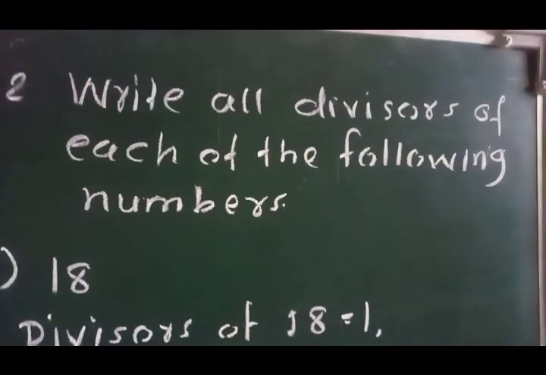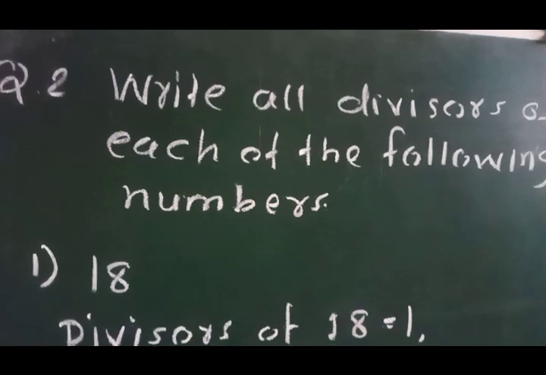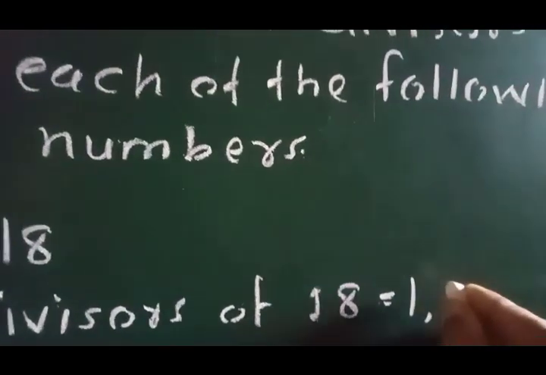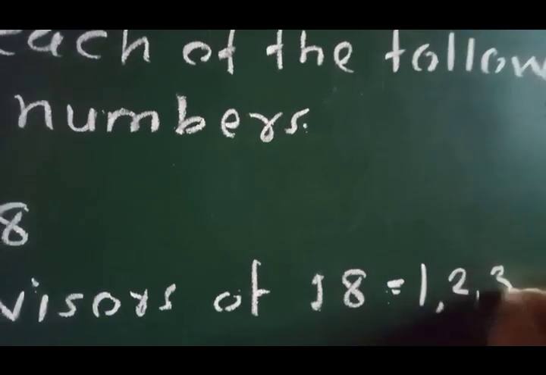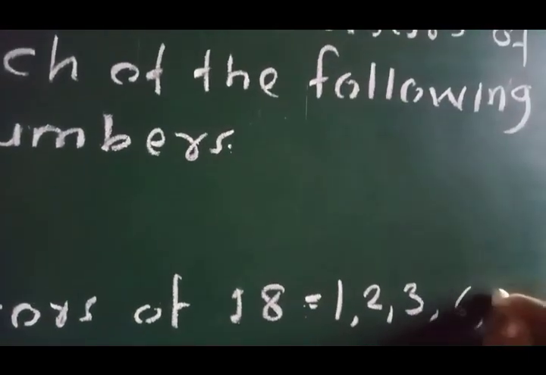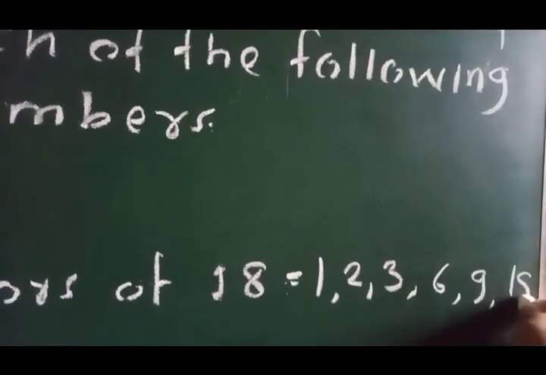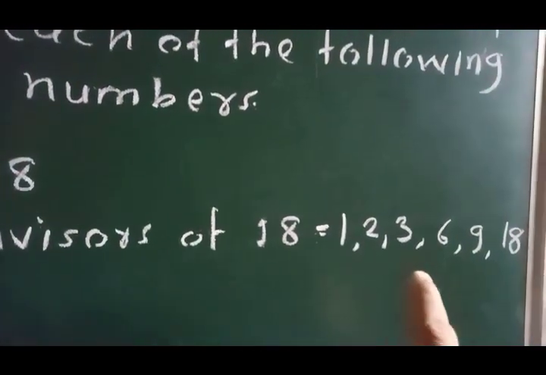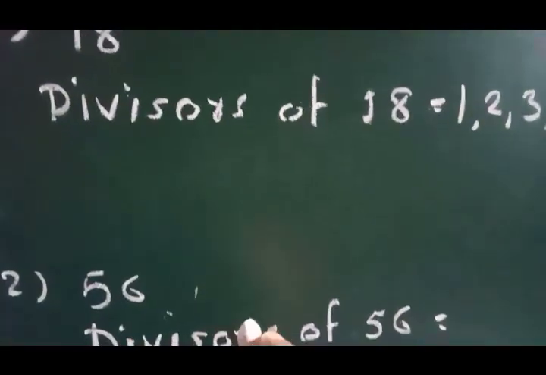Write all divisors of each of the following numbers. First 18. Divisors of 18: 1, 2, 3, 6, 9 and 18. Then 56.